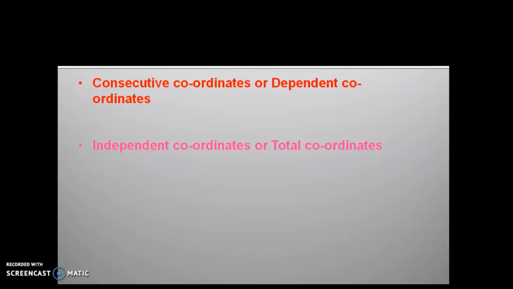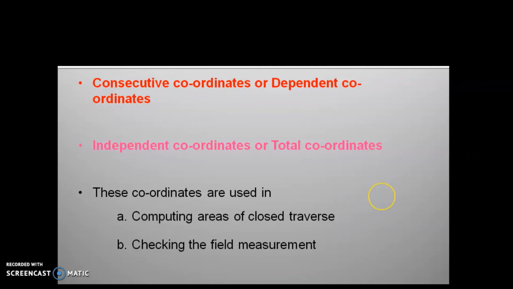If you want to calculate the latitude and departure of BC or CD, it should depend upon the origin. So the coordinates of any point with respect to a common origin are said to be independent coordinates of that point, which are also known as total latitudes and total departures.